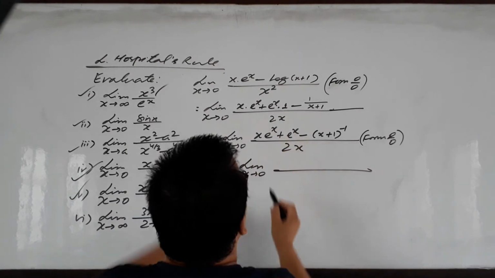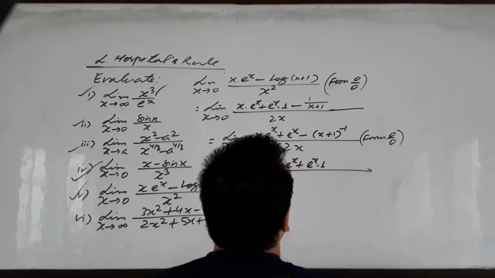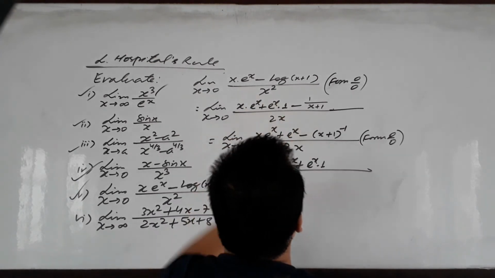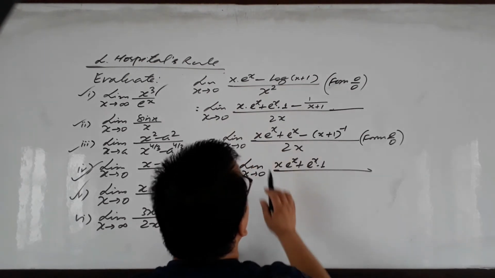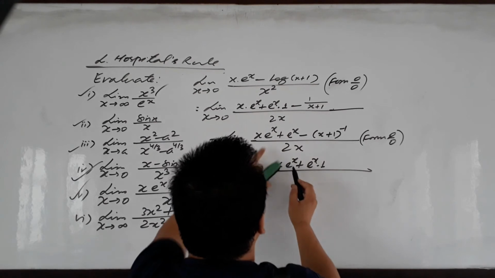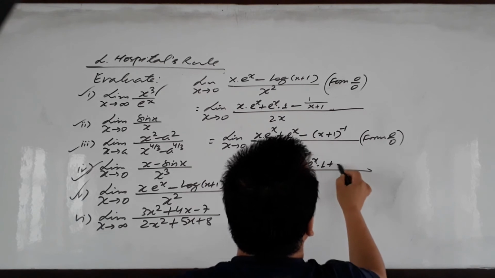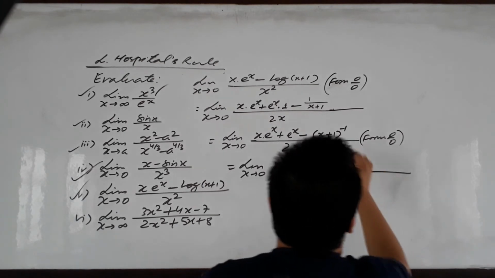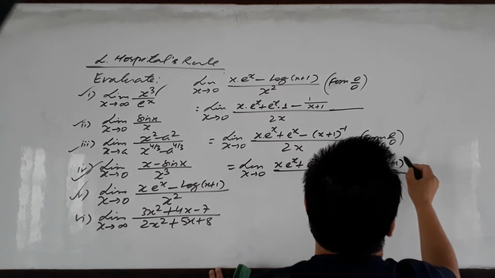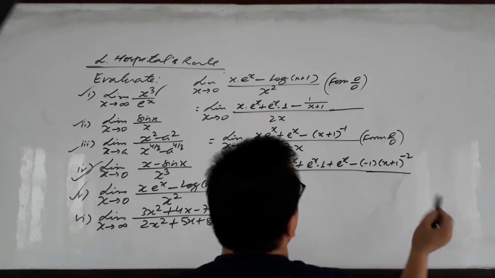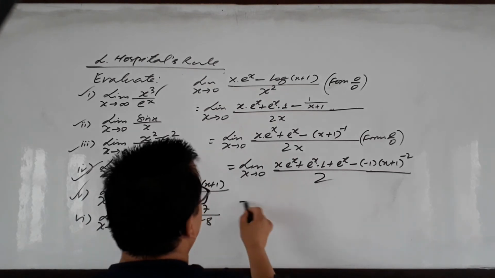Again, the same thing: first function times derivative of second, plus second function times derivative of first, as we have done in this line. The derivative of x e^x gives the same, and the derivative of the other term is minus 1 over (x plus 1) square, and the derivative of x square is 2.